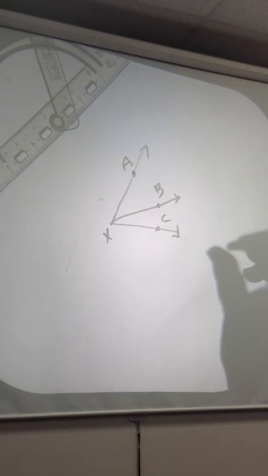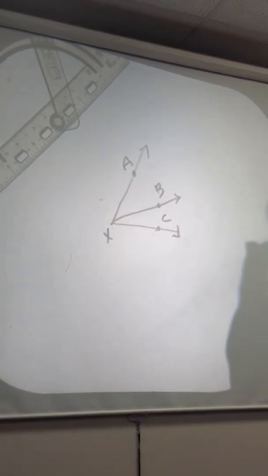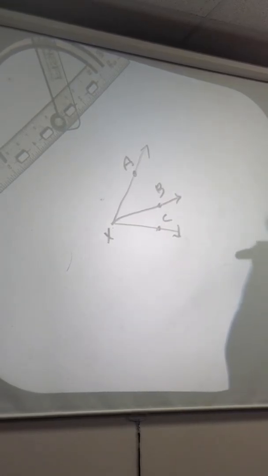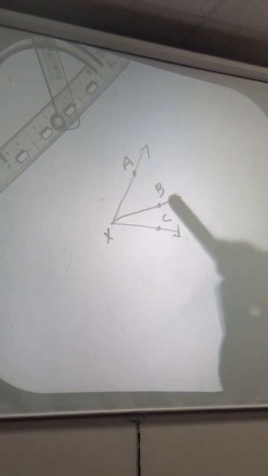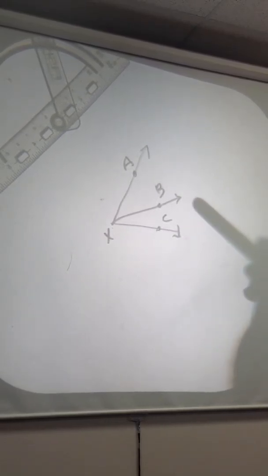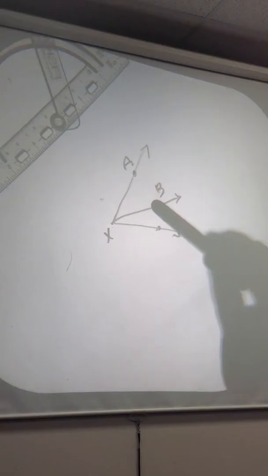They are not adjacent. Why would they not be adjacent? Thomas? Do they also add up to 180? No, they don't have to add up to 180. Why not? One of the ends doesn't touch each other. Well, yeah, and what's more, this one sits inside the other one, okay? So we would not call those adjacent angles.